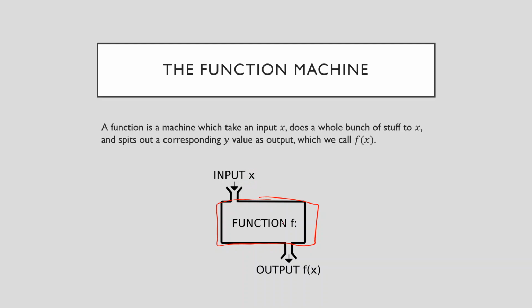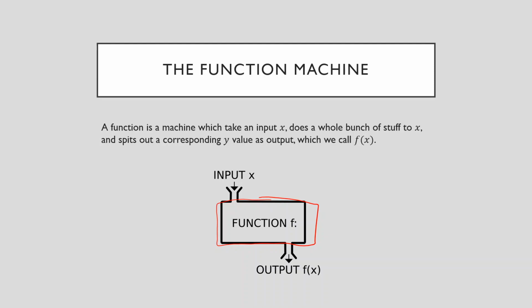What the function does is it takes the input, does a whole bunch of stuff to it, and then spits out a number at the end, which is the y value, which we call f of x if your function has a name of f. Your function has a pre-programmed list of operations that it's going to perform on your input, and after it performs each of these operations in sequence, it spits out a number for you.